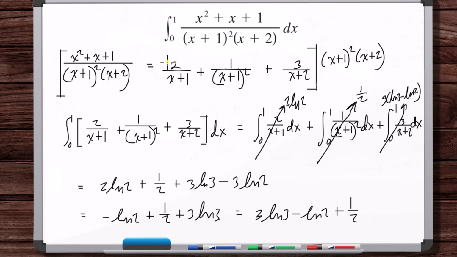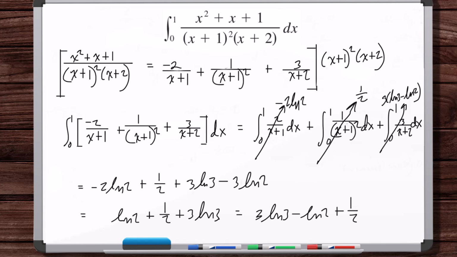Okay, and I messed this up. The a should have been a minus 2. I'm not sure. If you go back and look, I might have just copied it wrong, or I missed it. I think I just copied it wrong. So we have this. This would be minus 2 natural log of 2. And so we've got minus 2 natural log of 2 here.